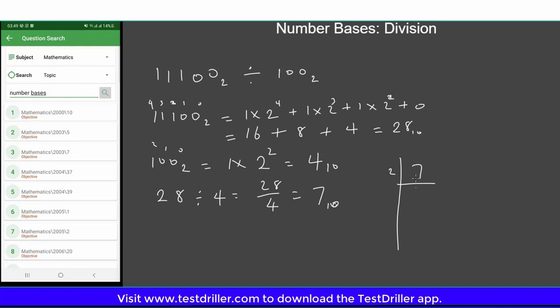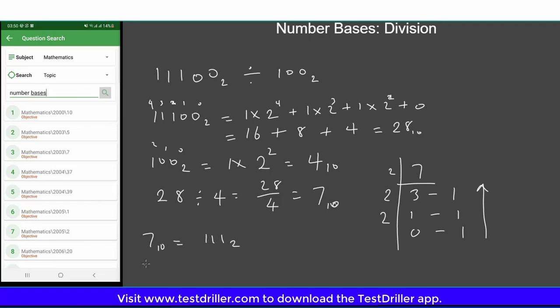That is 2 in 7, that's 3, remainder 1. Then 2 in 3, that will give 1, remainder 1. And 2 in 1, that's not feasible, so it says 0, remainder 1. So now we can say the answer is 7 in base 10 is 111 in base 2.